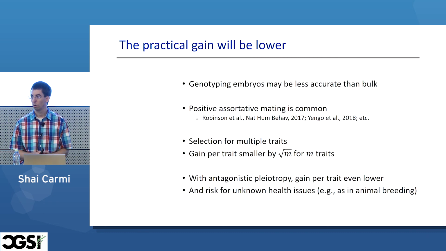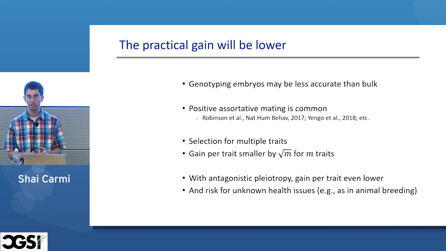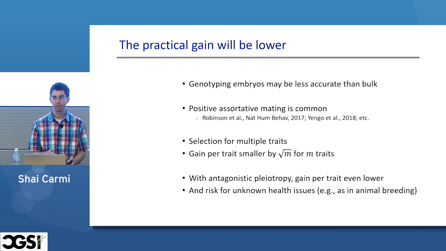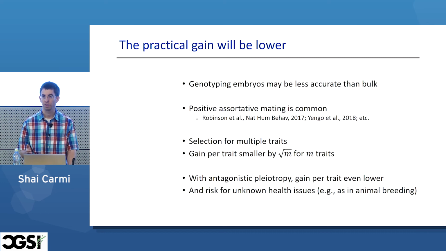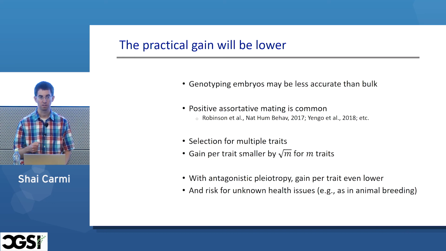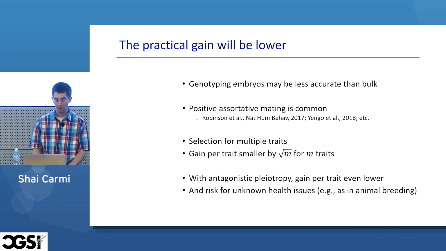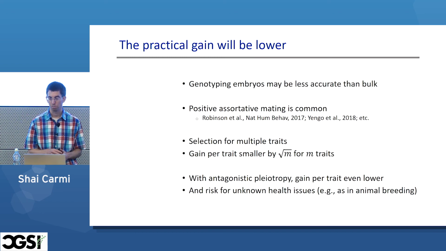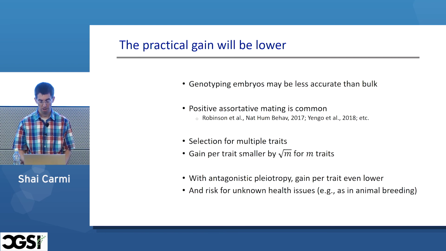This is a very well known phenomenon in animal breeding, where, for example, cows now produce about 5 times more milk a year than they did 50 years ago, because of very intense selection for just a small number of traits like milk production. But it also came with many severe diseases and health issues. Now there is a movement to select not only for milk production but also for health and so on. It just opens a lot of complications that we may not be aware of.